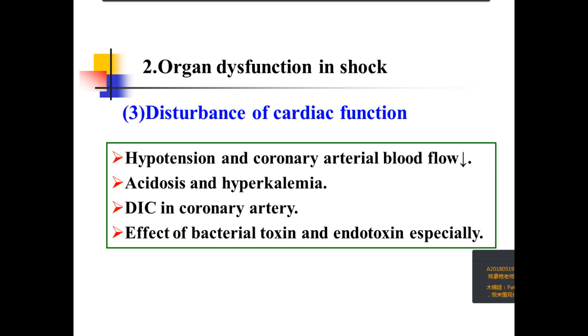Now the third, disturbance of cardiac function. Now maybe heart failure will happen. In the ischemic hypoxia stage, does heart failure happen or not? In the ischemic hypoxia stage, blood flow is normal, so no heart failure. Now in the stagnant hypoxia stage, if blood pressure is less than 50, blood flow of the heart will decrease.